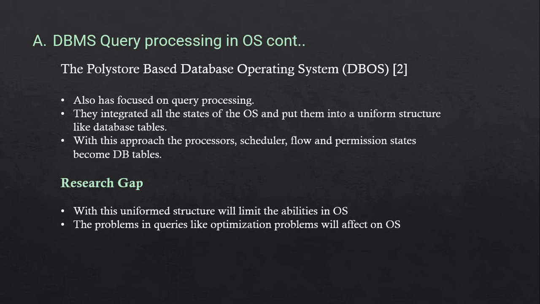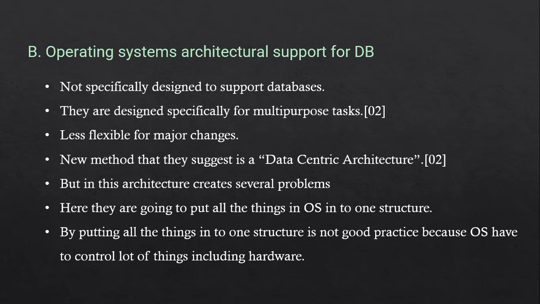Here we can identify several gaps, like all the things being structured into one monolithic architecture. The main problem of this architecture is optimization problems. Likewise, there are various kinds of problems we can identify.